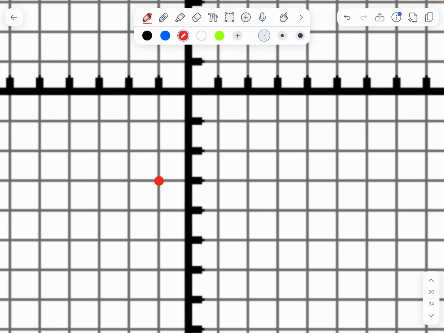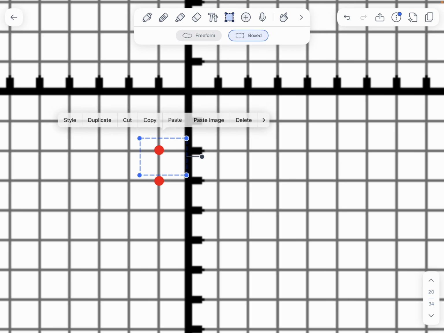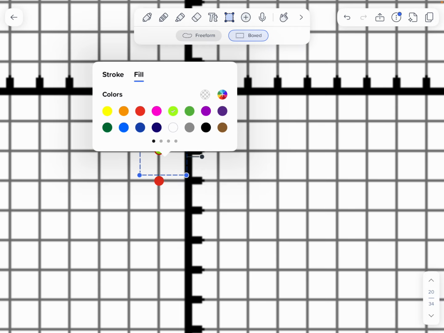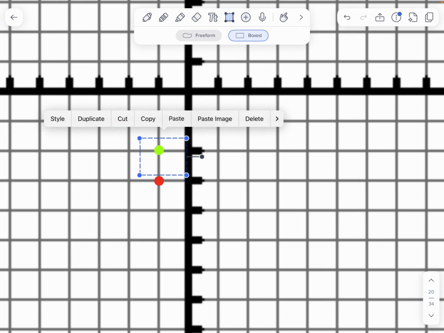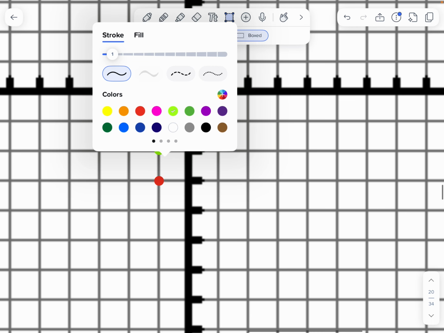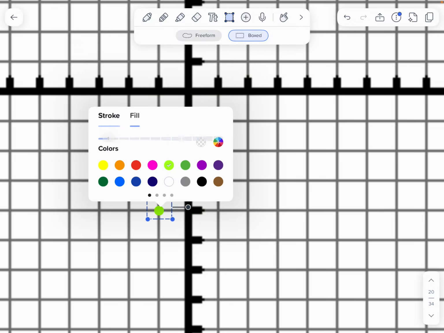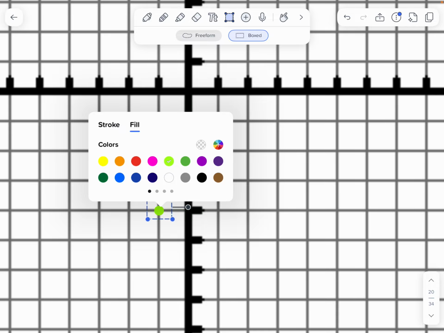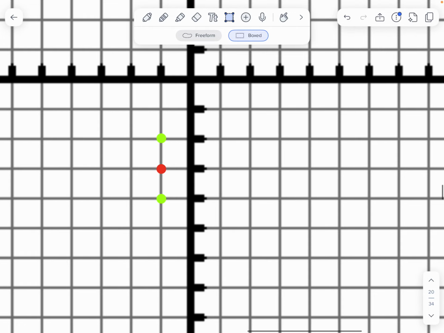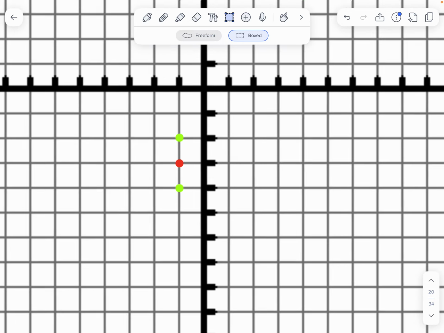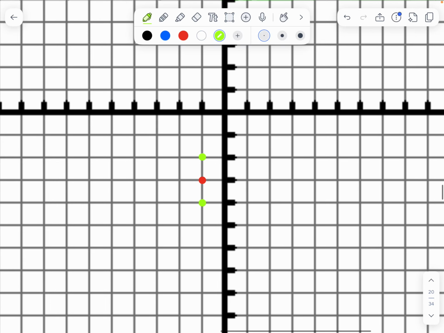And now there's a distance of 1. And now it's time to make our rectangle. So there's a distance of 6 units.